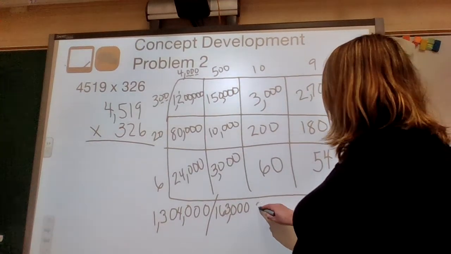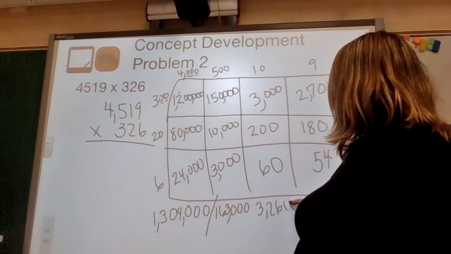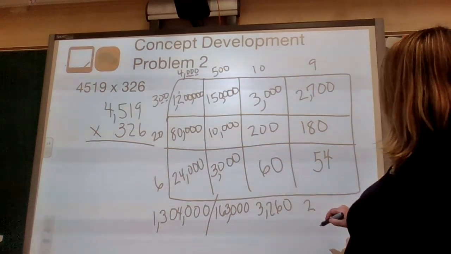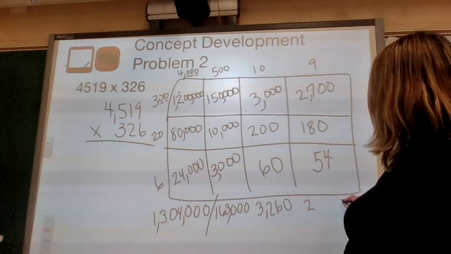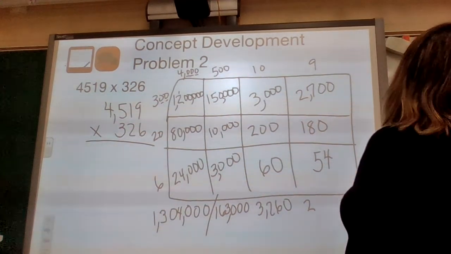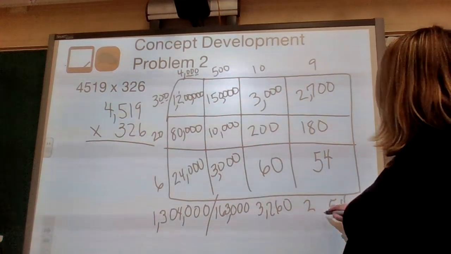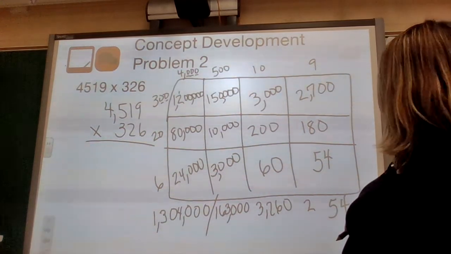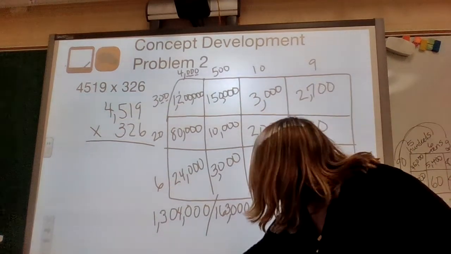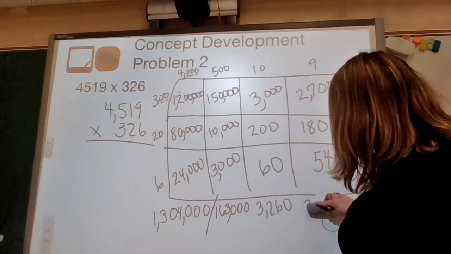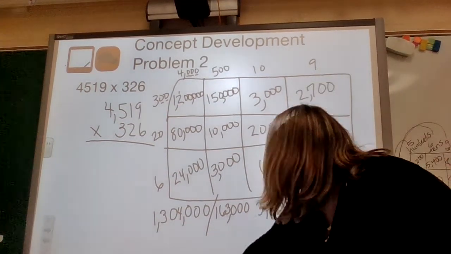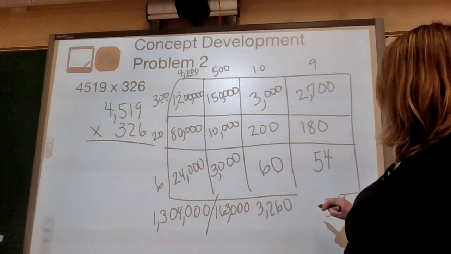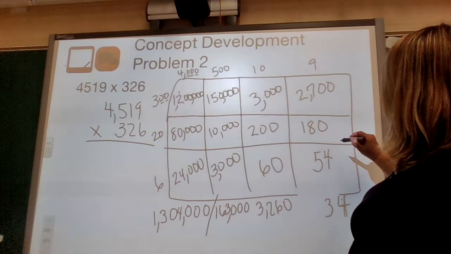I'm going to have 3,260 here, and here I'm going to have 4, actually I'm not going to have 5. Let's see. I'm going to have 4. I'm going to have 13 here. Carry my 1.